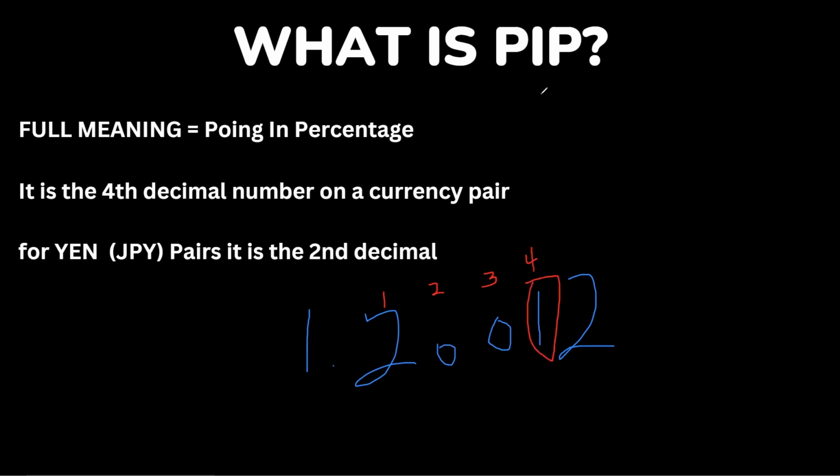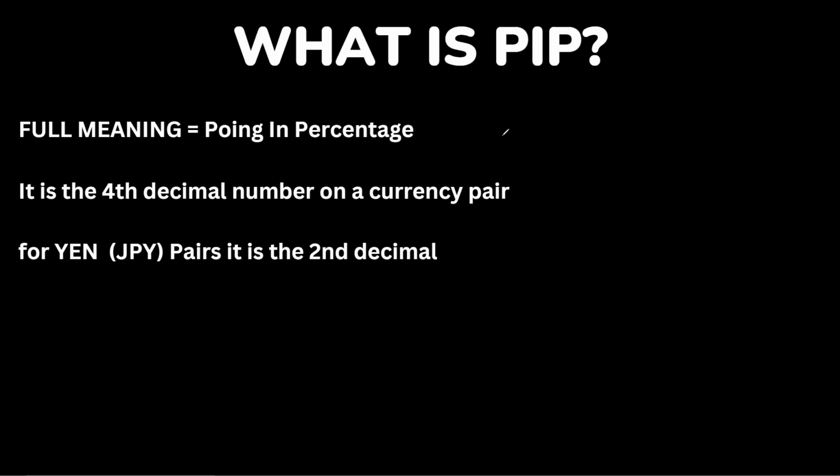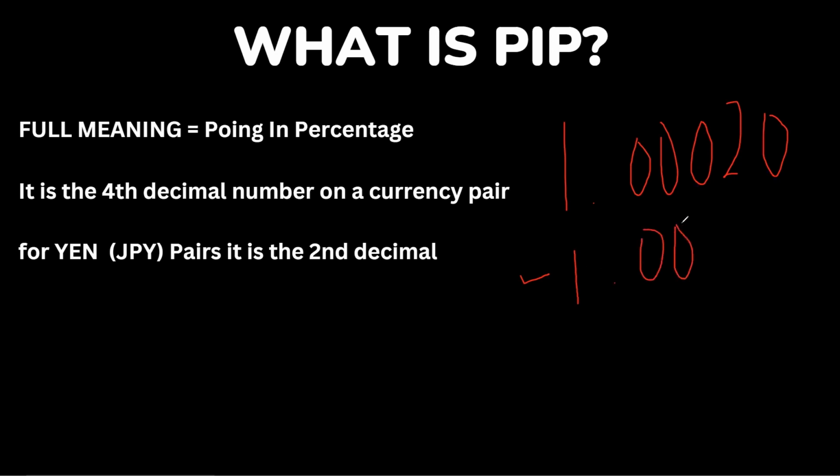So if you want to know how many pips there are on a currency pair, if you compare two prices, let's say you have 1.00020 and you want to minus it from another price, which is 1.00010.